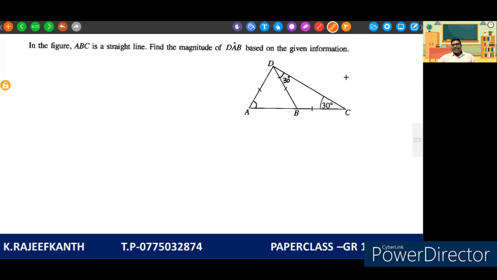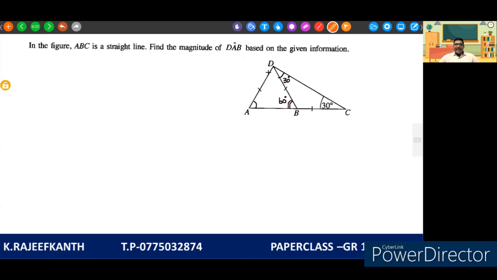And also we know that an exterior angle is equal to the sum of the interior opposite angles, right? So here this angle ABD is an exterior angle for the triangle BCD. So this exterior angle will be the sum of these two angles. Then 30 plus 30 is 60 degrees.